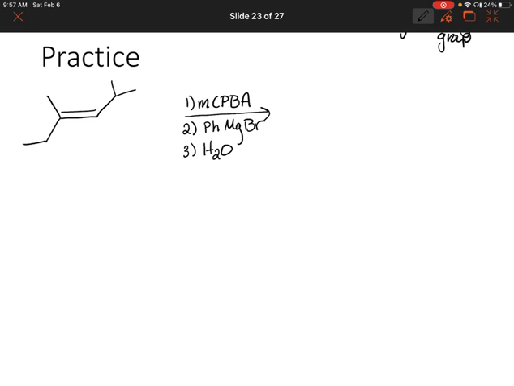All right, so again, the first step, we're adding MCPBA to form the epoxide. And we have to figure out which of our substituents are wedges and which ones are dashes. So looking up above at our alkene, we have a methyl group, cis to an isopropyl group. And then we also have a hydrogen that's not shown, but that is cis to the ethyl group.